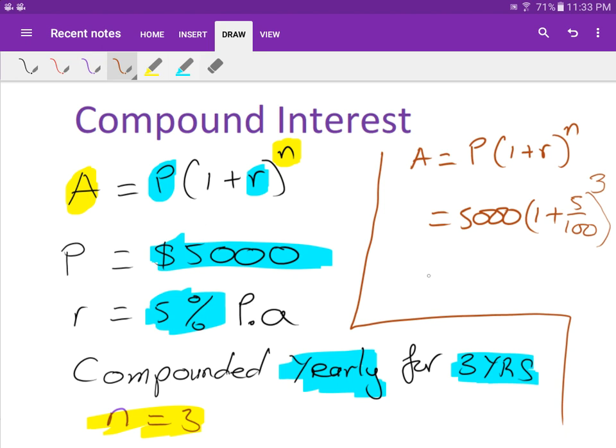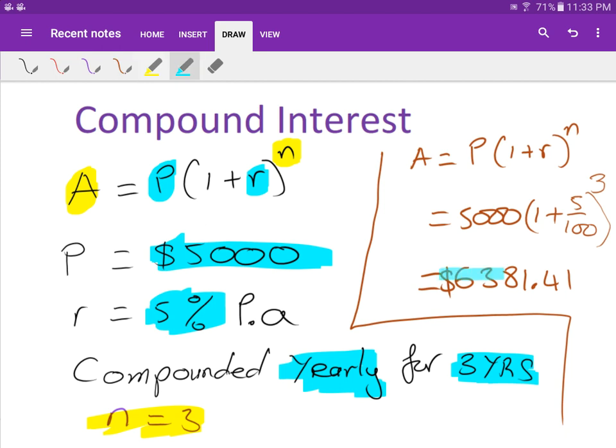If you type that in your calculator, you will get $6,381.41. That's how much you have at the end of 3 years. You put the $5,000 in the bank, and at the end of 3 years you will have a balance of $6,381.41.